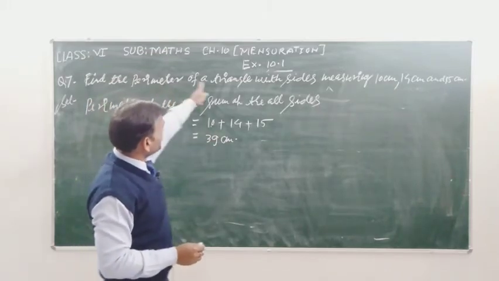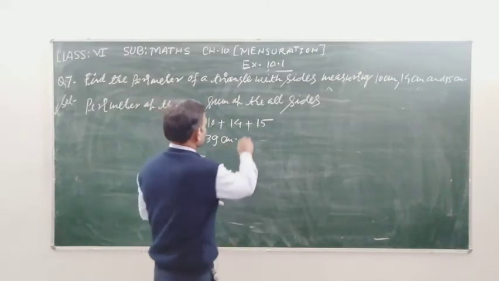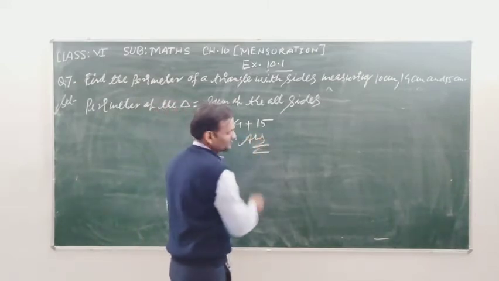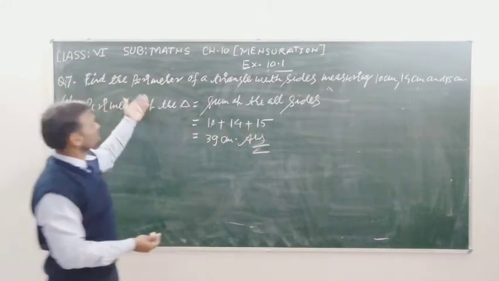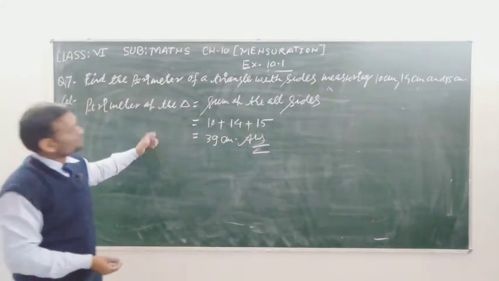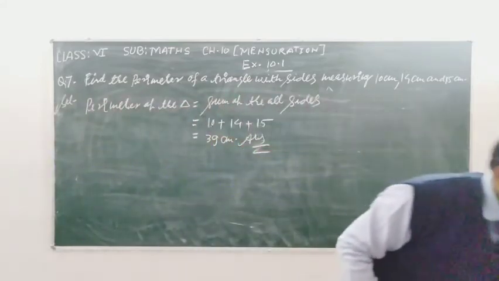So the perimeter of that triangle is 39 centimeter. It's my answer. I hope, student, you have understood this question. It is very easy. So come to the next question, that is question number 8.